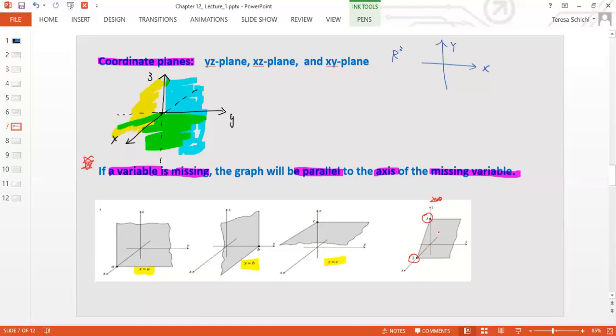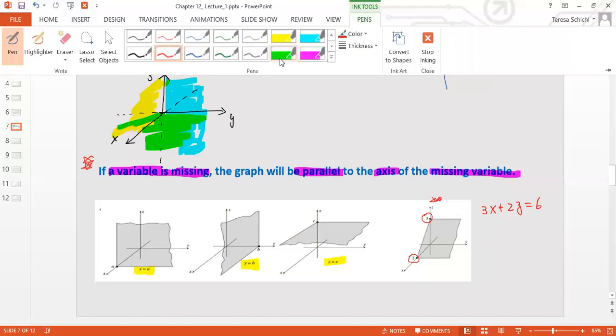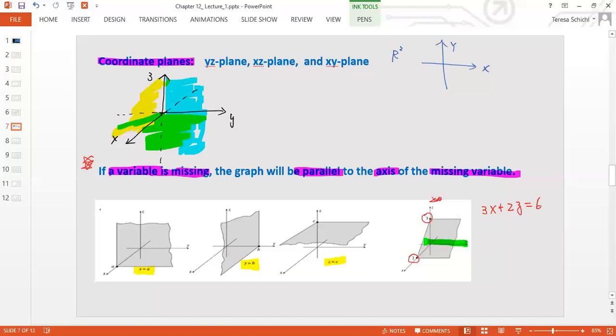If you find the linear equation here, this will be 3x plus 2z equal to 6, correct? It's 3x plus 2z equal to 6 because it is missing which variable? The y variable here, right? So this plane touches the z-axis and the x-axis, and is parallel to which axis here? Parallel to the y-axis, right?